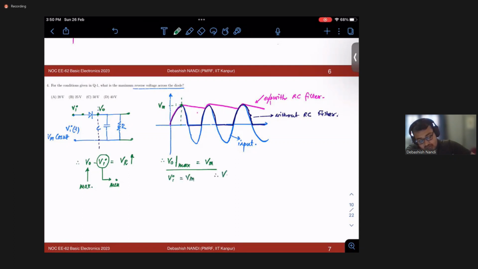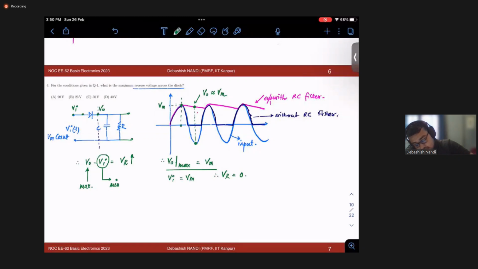So your Vr is nothing but 0. But what about this point? At this point, what is your V out? Your V out can be fairly approximated to Vm, right? Because the capacitor is holding the charge.